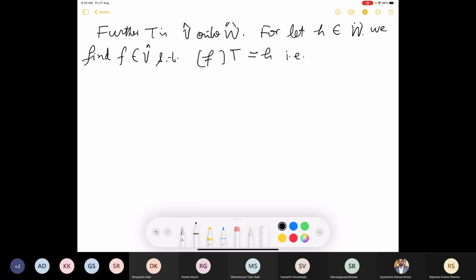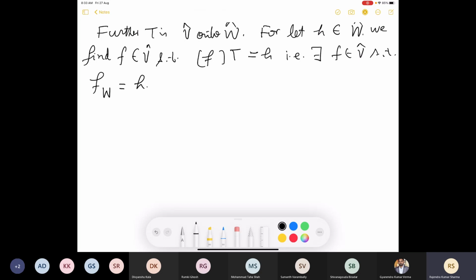That is, there exists an f in V hat such that f restricted to W is the same as h. That means there is a homomorphism f in V hat which on W coincides with h.